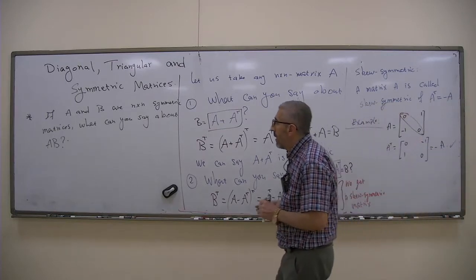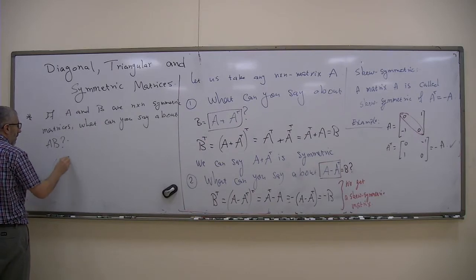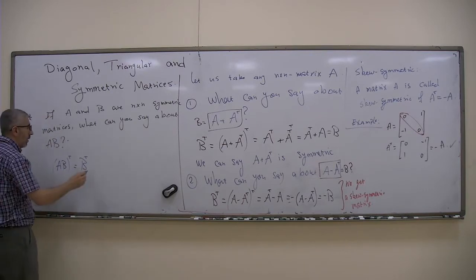Well, let's see here. If I take the transpose of AB, it will be B transpose A transpose. Remember the properties that we discussed before?